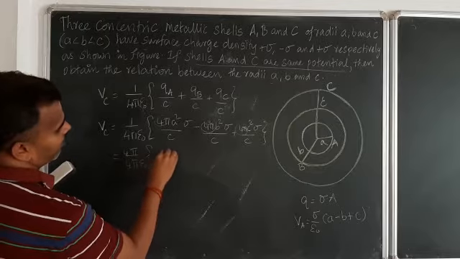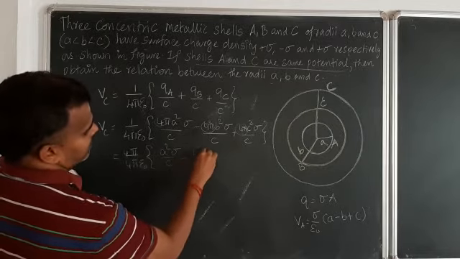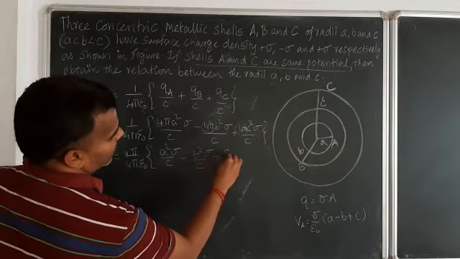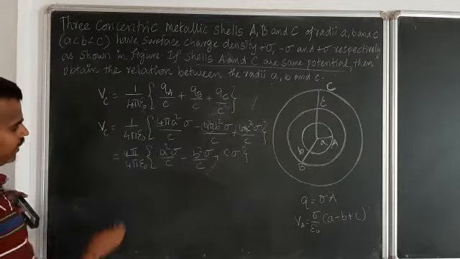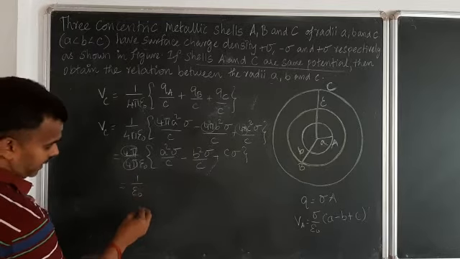So remaining we will have A square sigma by C minus B square sigma by C, and here C square by C will be cancelled, so only C sigma. We can cancel this 4 pi with that 4 pi, so we will have 1 by epsilon naught.